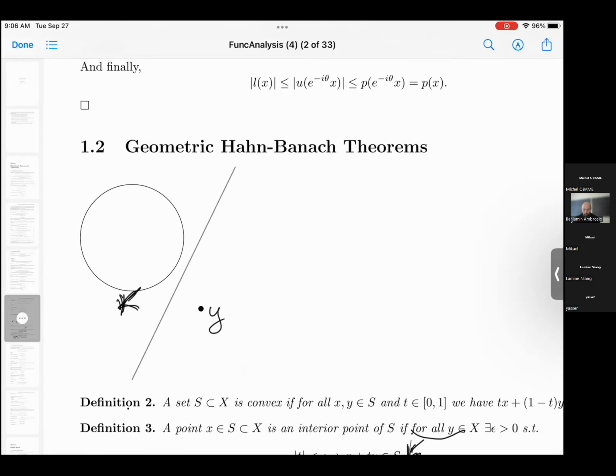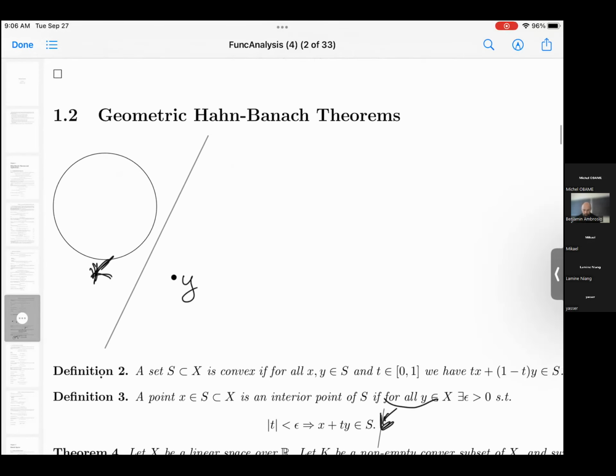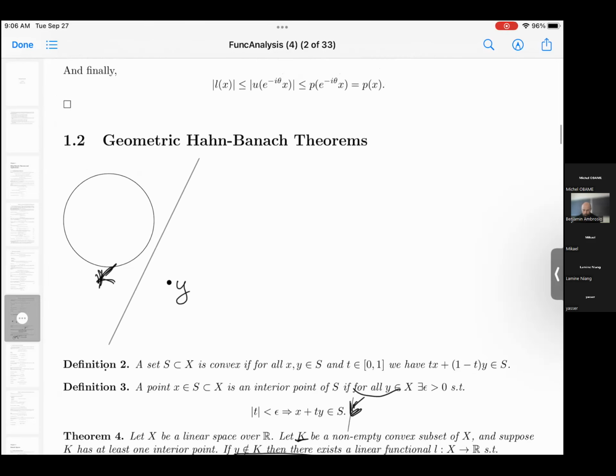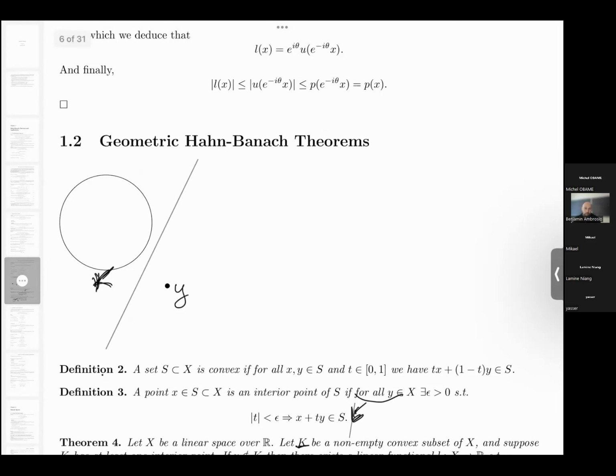So let's start with the definition. First, a quick reminder. We can define what's a convex set when we have a linear space. And so the definition is written here, definition 2.